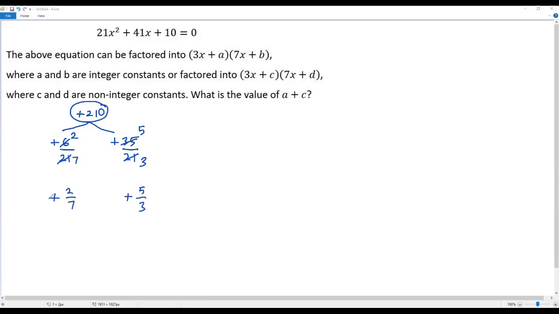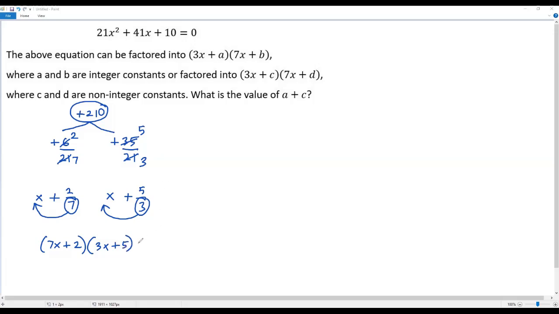Now to get the factors of this quadratic expression, I am taking x over here and x over here. To get the first factor, I am going to move the denominator 7 as the coefficient of x. Then I get the first factor, that is 7x + 2. To get the second factor, I'm going to move the denominator 3 as a coefficient of x. Then I get the second factor, that is 3x + 5.